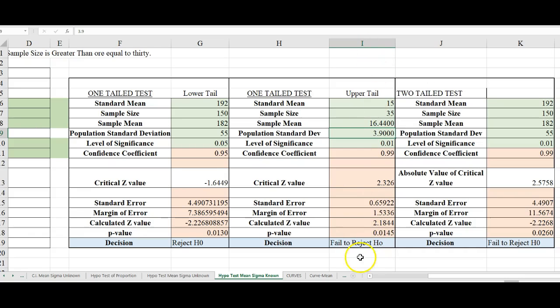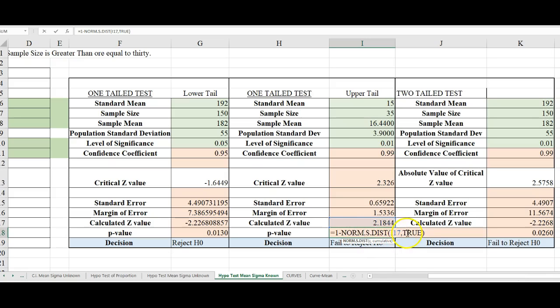And from the toolkit, we can also see that our p-value, which is 1 minus the normal standard distribution at that critical z-value, and cumulative, gives us a p-value of 0.0145.